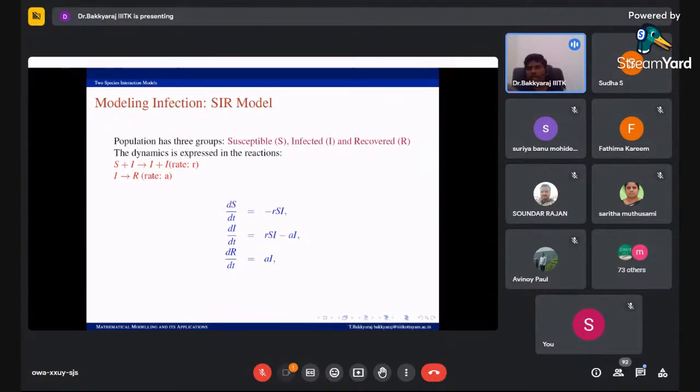Maybe here you can add some new entity called the exposed class, in addition to SIR, and there are certain probabilities also, so it will lead to delay differential equation modeling for that particular type of problem. I'm not going to do that here, just for your information I mentioned it. So these are all the possible mathematical modeling.